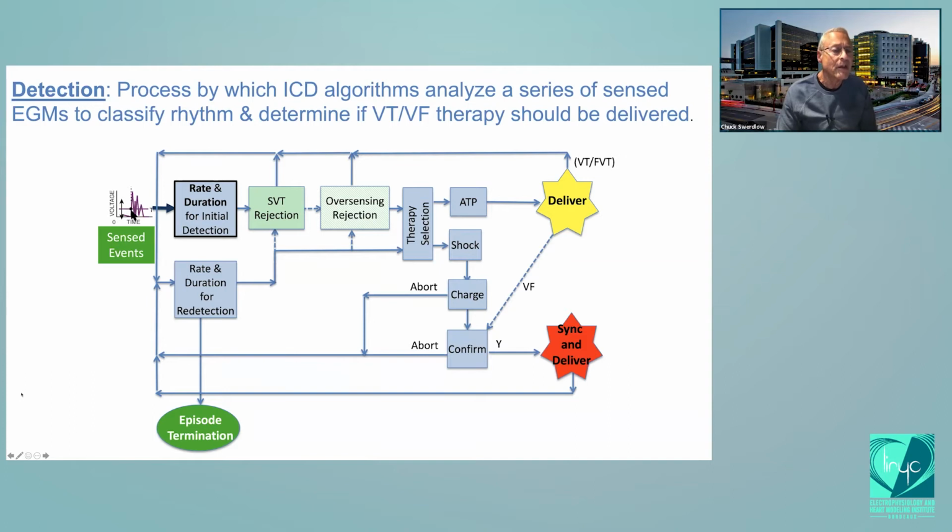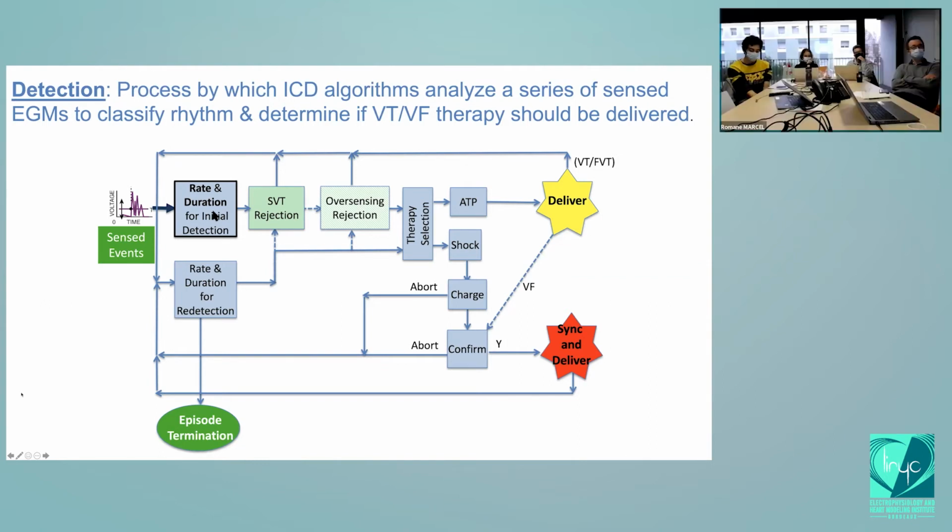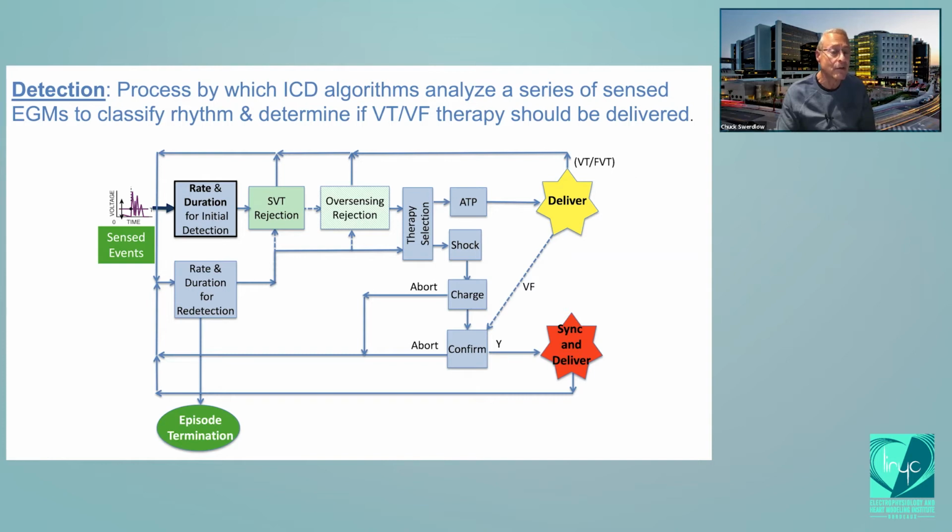Once we exceed the sensing threshold with the filtered signal from that previous slide I showed you, the device has an initial screening based on the rate of the signals or the intervals between them, and the duration. In other words, is the rhythm fast enough and long enough that the device should pay attention? And I know Dr. Pillow talked about this general concept.